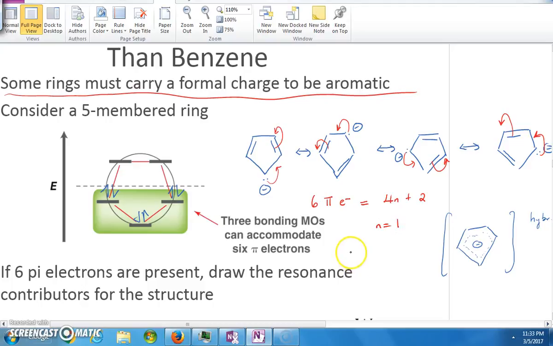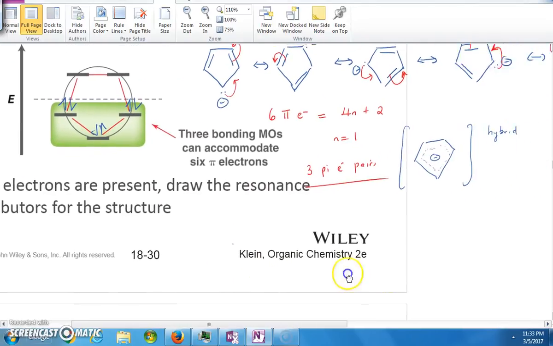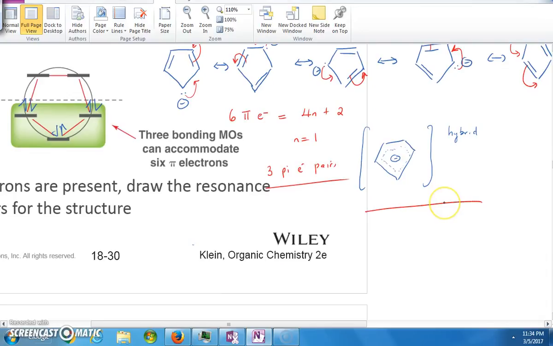Or you can say it has 3 pi electron pairs, and because of that it will be considered aromatic. You can see how that negative charge can be delocalized over the entire ring using resonance structures. These are the resonance structures, and this is what the hybrid is going to look like.